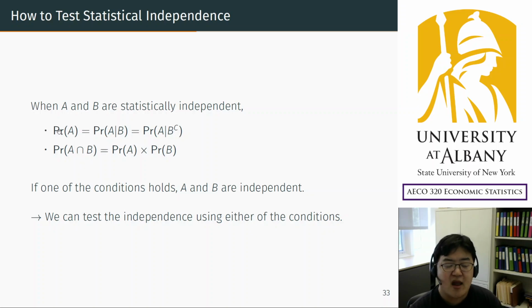So again, when you need to answer whether they are independent or not, choose one of the two equations, and prove or disprove. If one of the equations holds, then they are independent. If not, then not, right? That's what we are going to do.